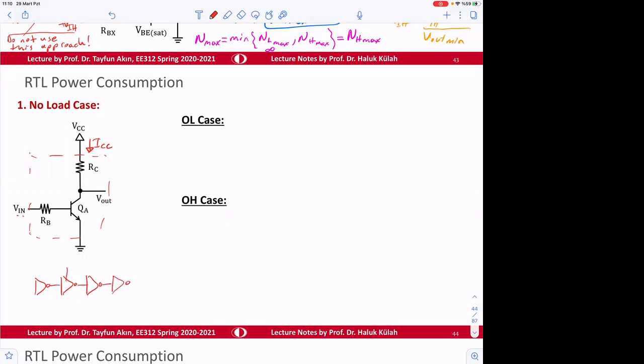So eventually, what we really care is the power that goes through VCC. These currents we really do not care because these currents will be coming from here anyway. So therefore, only ICC is looked at.